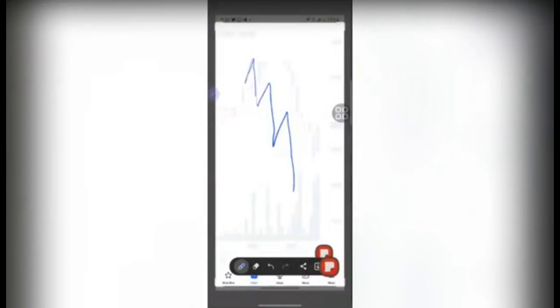Let's say I started my fib retracement from here and I now drew it up to this point. You are going to be seeing some lines forming on top of the chart. Those lines mean that's where the market will retrace to. Let's say the market is coming down. The market is here now. The market will retrace to this particular line before it continues. Do you understand? That's what all those lines mean.